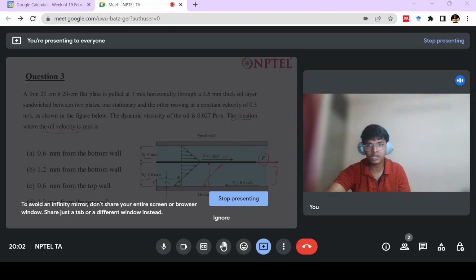So how can it be taken as a narrow gap? One length scale is given here: this is a 20 centimeter flat plate, the length along this x direction. Let's say this gap is h2, given in millimeters, so it is 2.6 millimeters.